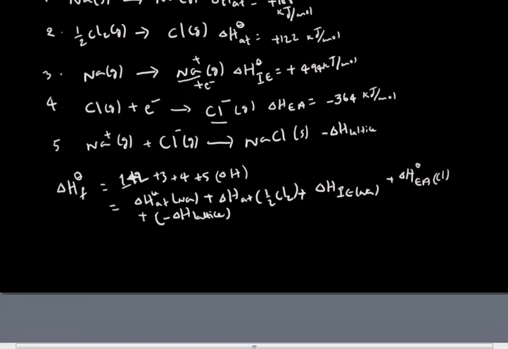So we know delta HF theta equals negative 411 kilojoules per mole from one of those first steps.